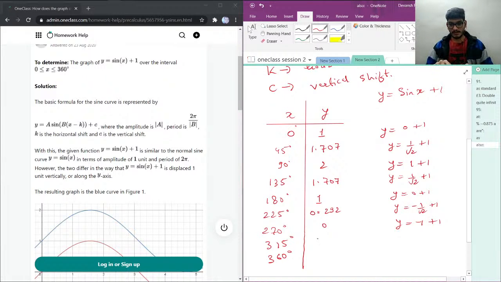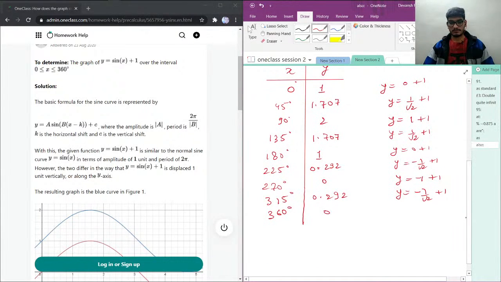Then sine of 315 is again negative 1 over root 2, plus 1, and this will be 0.292. And sine of 360 is 0.